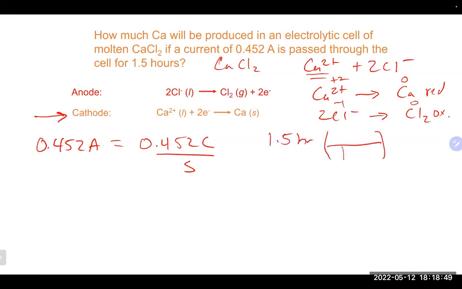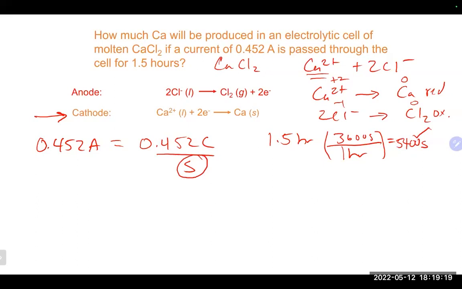In 1 hour, there are 3,600 seconds, so we could convert that into seconds. Taking 1.5 times 3,600 gives us about 5,400 seconds. The reason I needed to do this was so that the units cancel, so we want to make sure everybody's in the correct units.